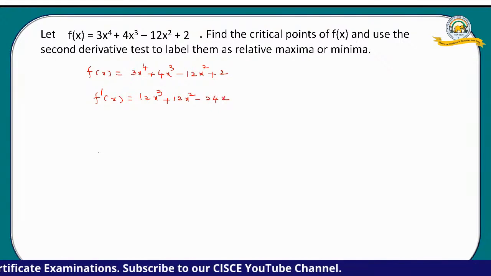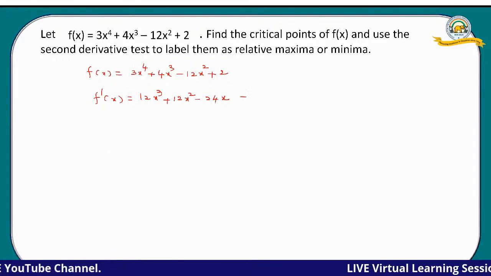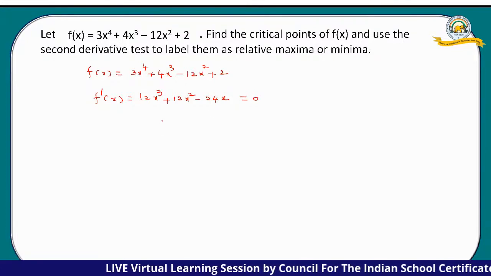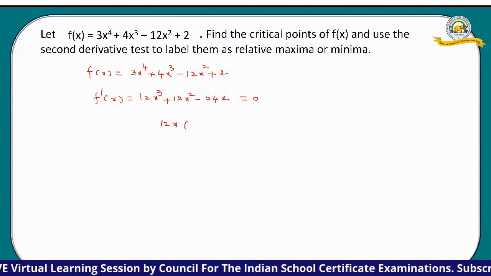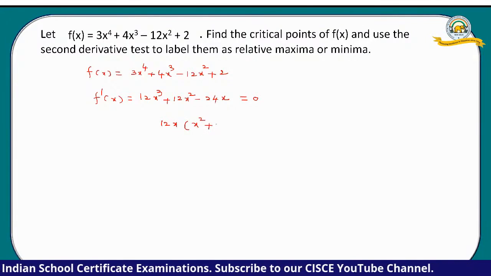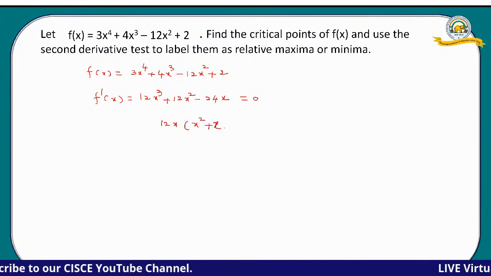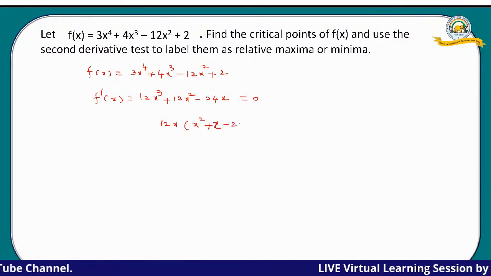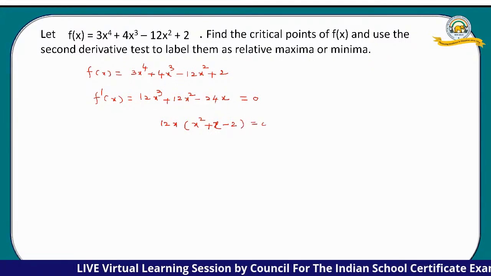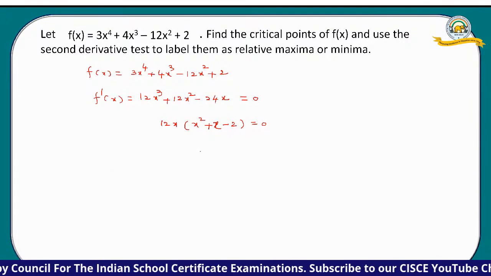After differentiating, what do we need to do? You need to equate it to 0. When you equate the first derivative to 0 and simplify, taking 12x common, you get 12x into x square plus x minus 2 equal to 0.